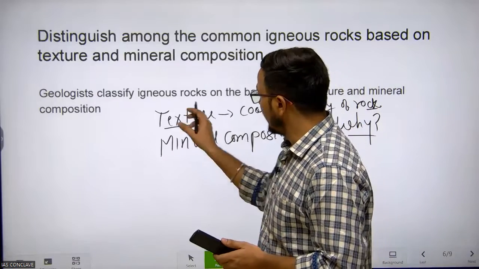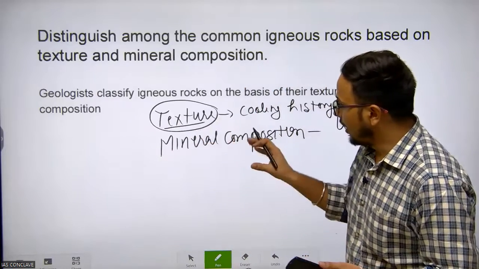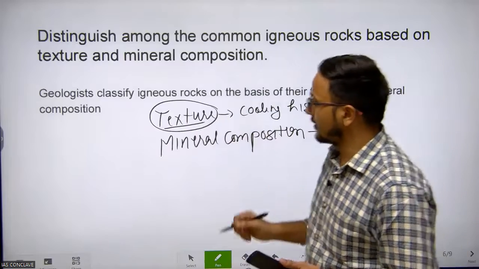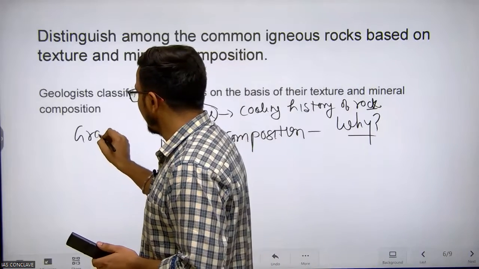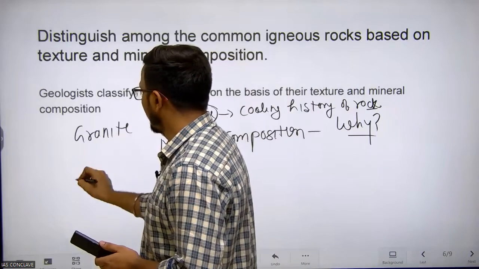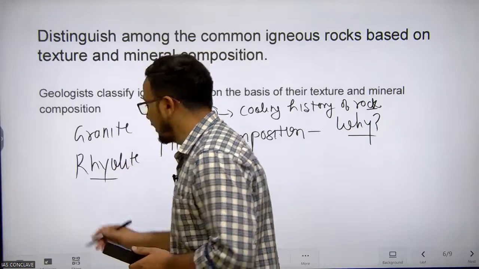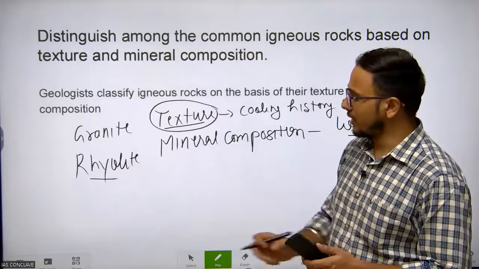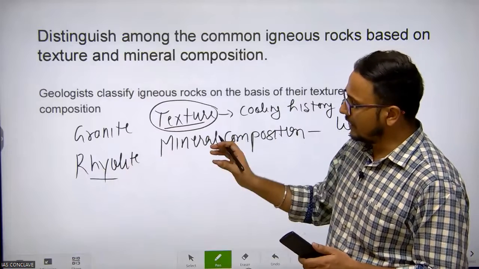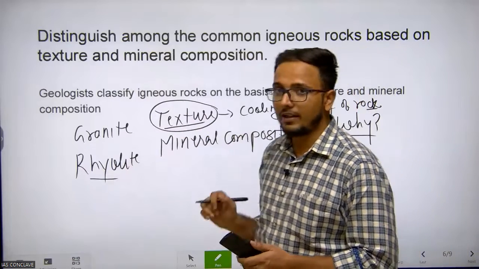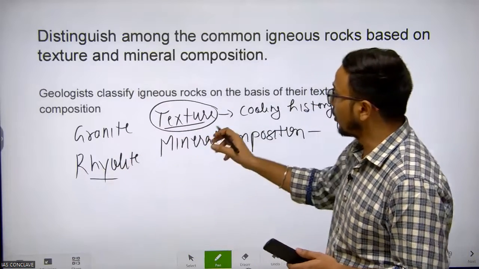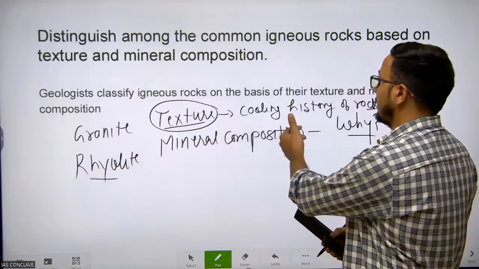Now, you will understand this through an example of granite and rhyolite. Granite and rhyolite both have a felsic composition, but why did geologists give them different names? This is because of their texture, and texture means cooling history.